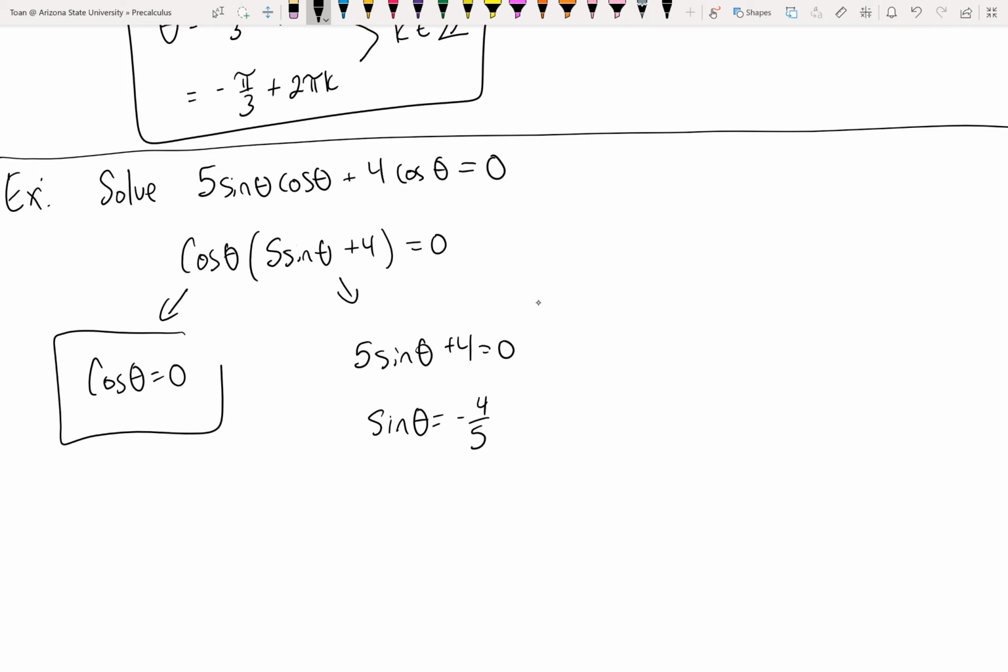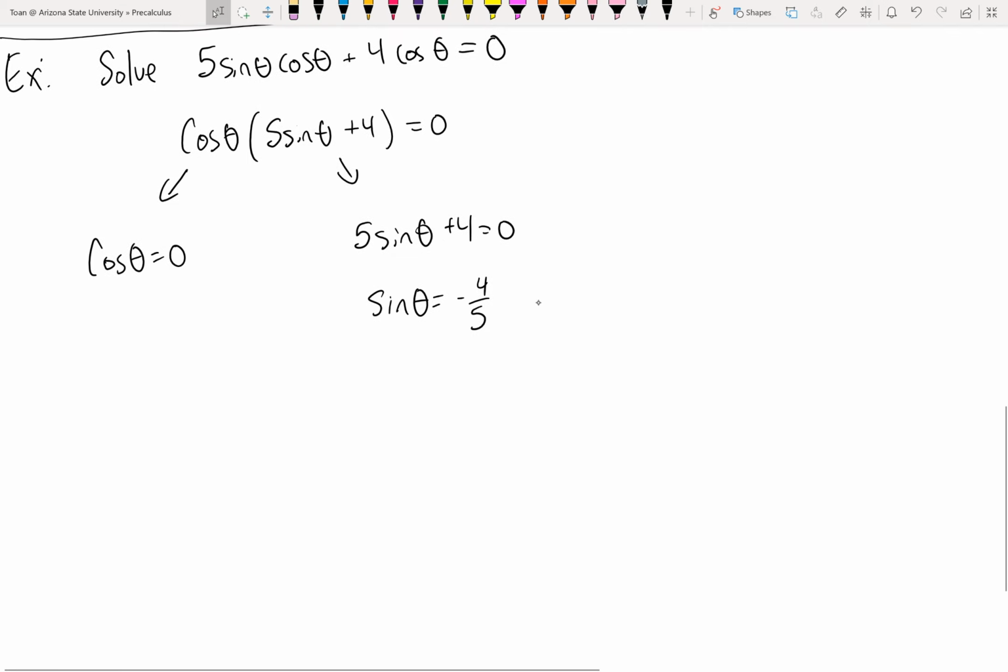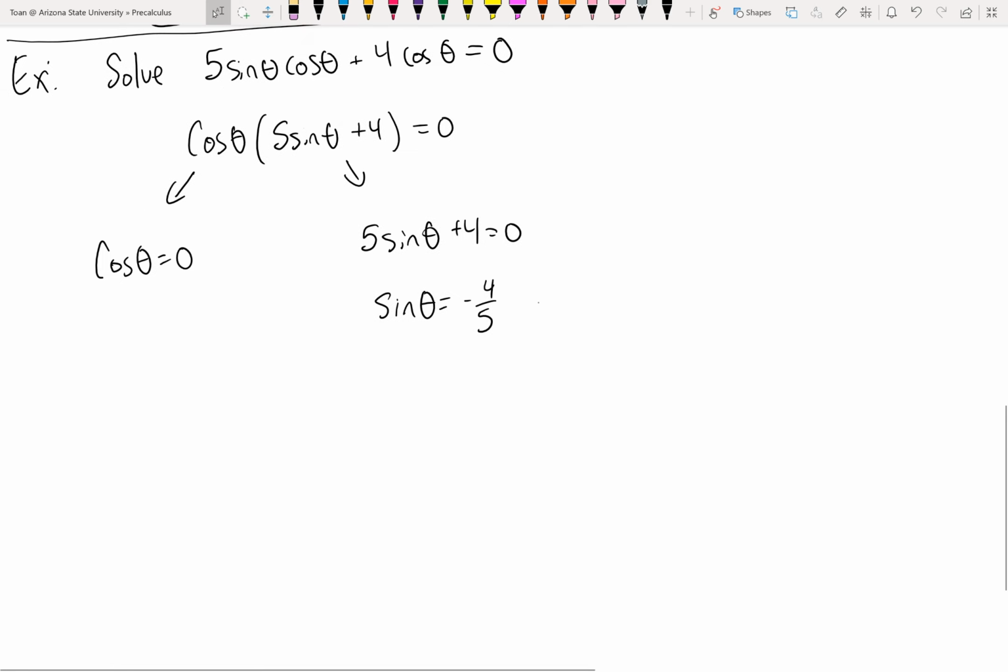Now this equation is pretty interesting. Cosine theta equals 0. Now 0 is certainly not one of the special side lengths of the special triangles. But we have to remember that we are working on the unit circle, and cosine stands for the x-coordinates of all terminal points on the unit circle. So what angle can you think of on the unit circle has an x value of 0?